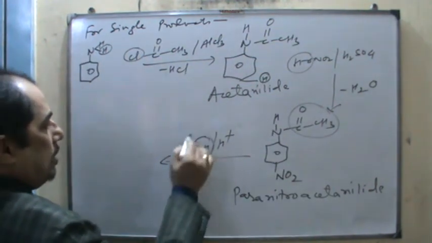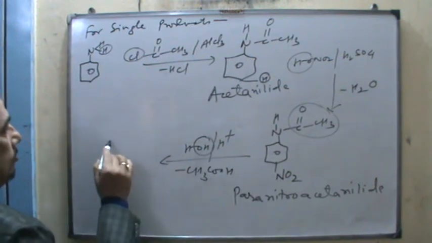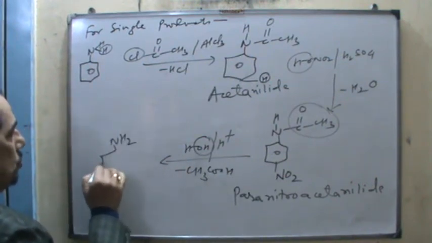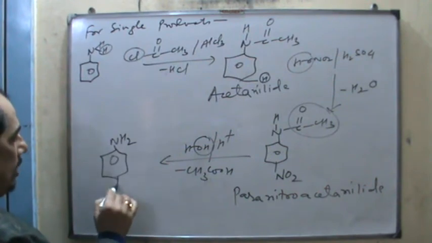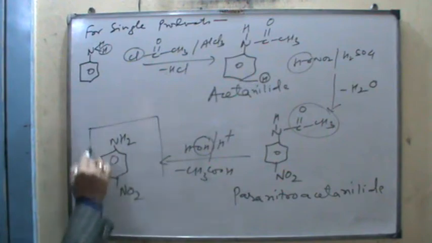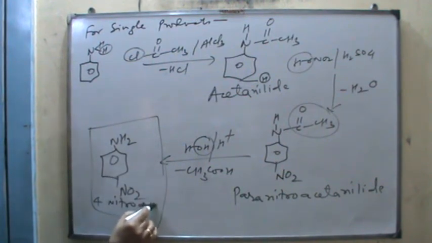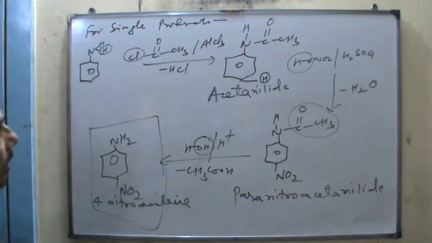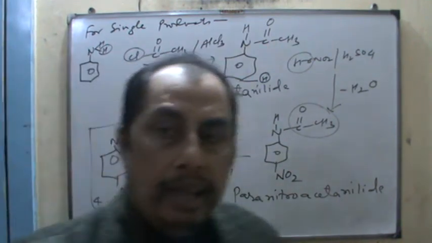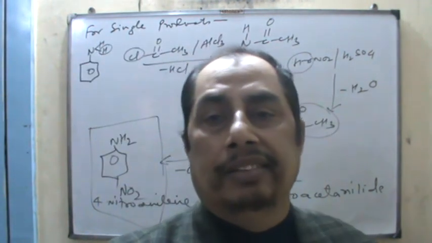This OH and acetic acid is lost here, and then NH2, and then para nitroaniline, or we can say the major product is 4-nitroaniline. It's all right.